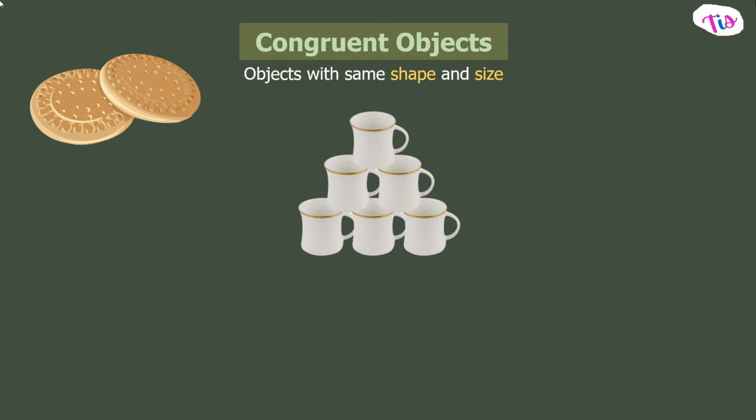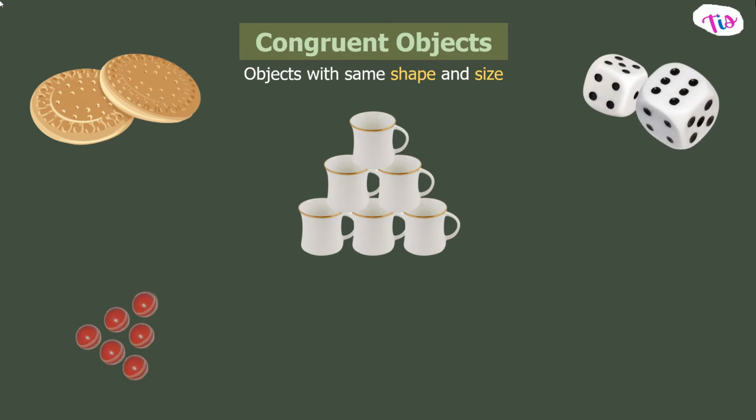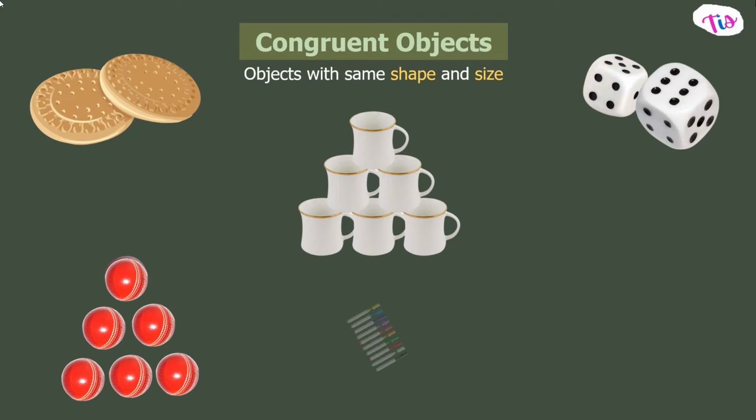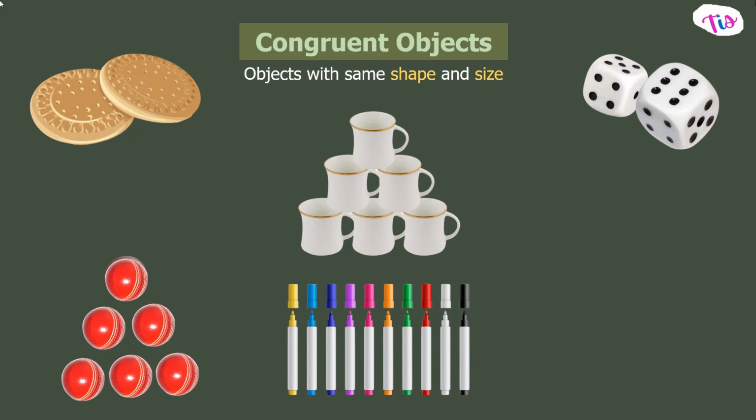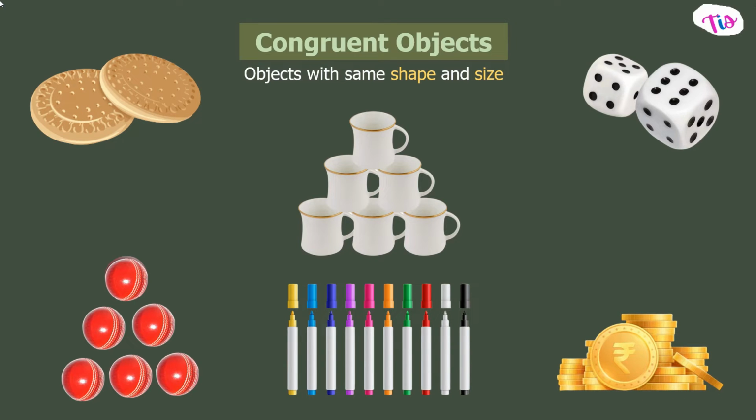Cups of the same brand, so these are the cups that you have your tea or coffee in. So these are congruent objects. Dice, cricket balls, pencils, or you can say your color pens, or the currency notes or coins. These are some examples of congruent objects from your day-to-day life.